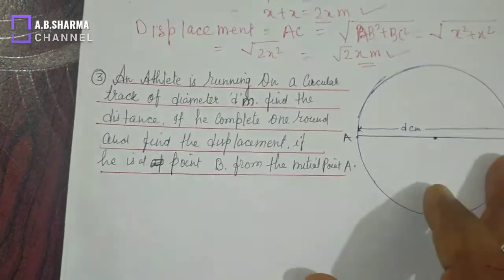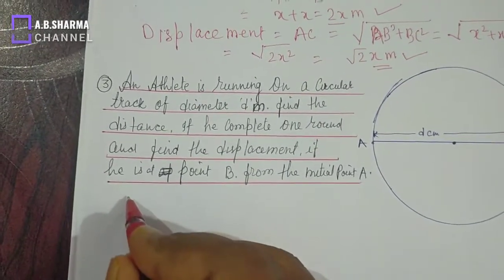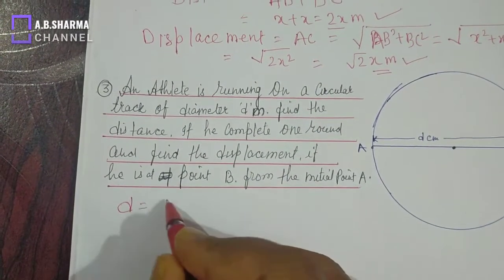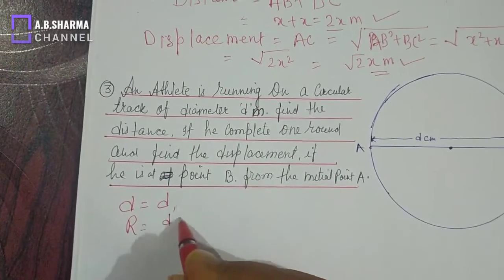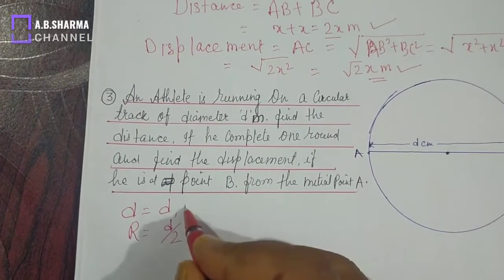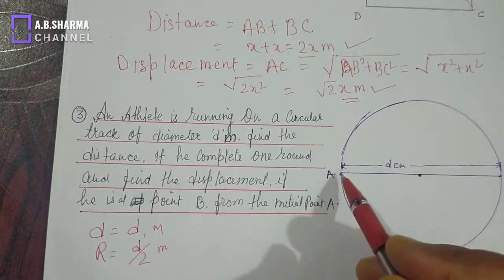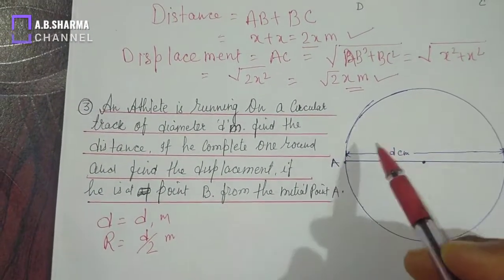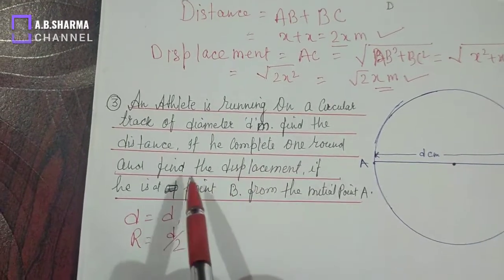Next, question number 3. Diameter of the circular track is d. So r will be d by 2 meter. Find the distance traveled by the athlete if he completes one round.